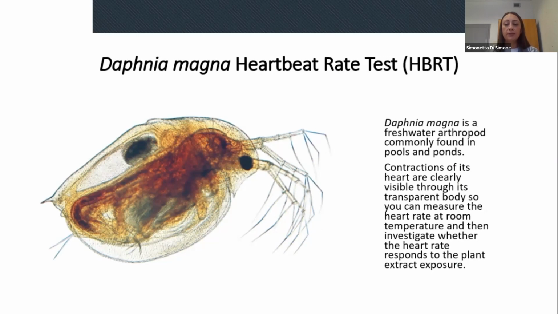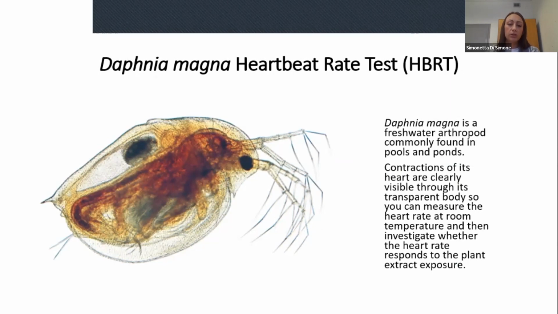It is used because the contractions of its heart are clearly visible through its transparent body. So you can measure the heart rate at room temperature and then investigate whether the heart rate responds to the plant extract exposure or not.